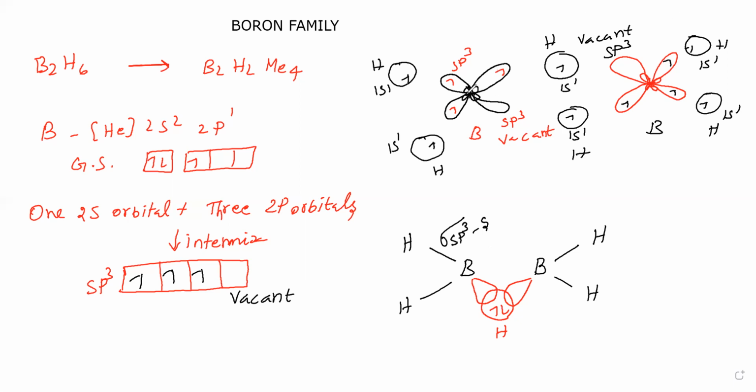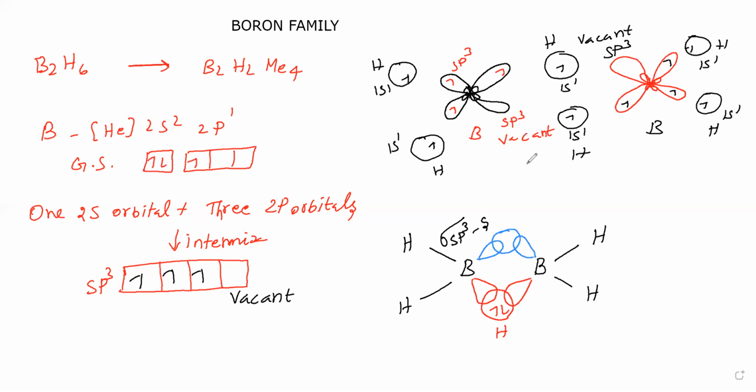Here this half-filled sp3 orbital of this boron, from this boron the vacant sp3 orbital, and this hydrogen's half-filled 1s orbital.